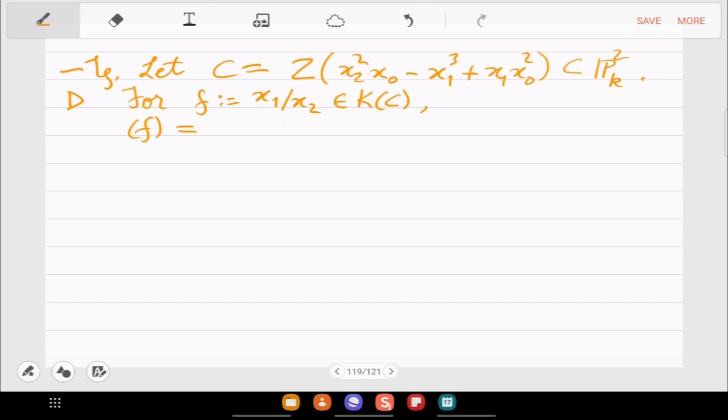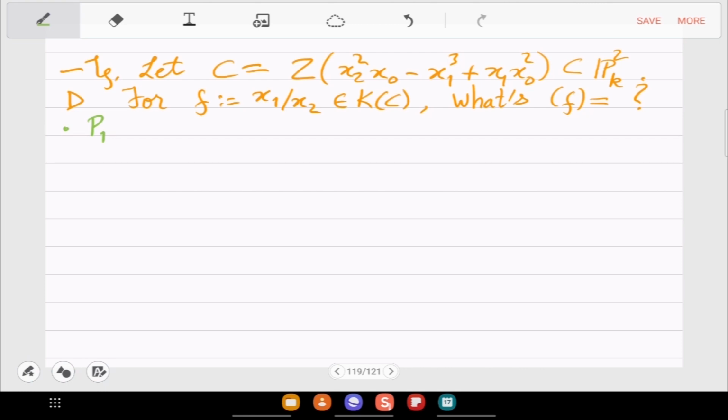Let's do that calculation. Yeah, so the first zero is, let's try x1 equal to 0. So x1 equal to 0 means that on the curve, x2 square x0 is also 0. So you have two possibilities. You can take x0 also 0 or x2 also 0, right?